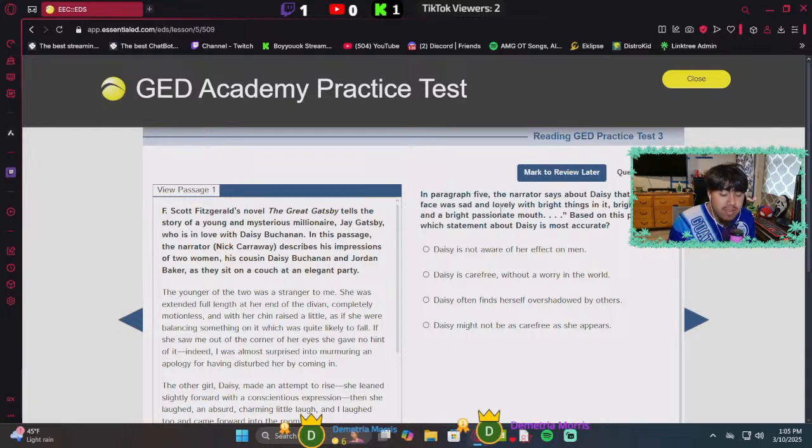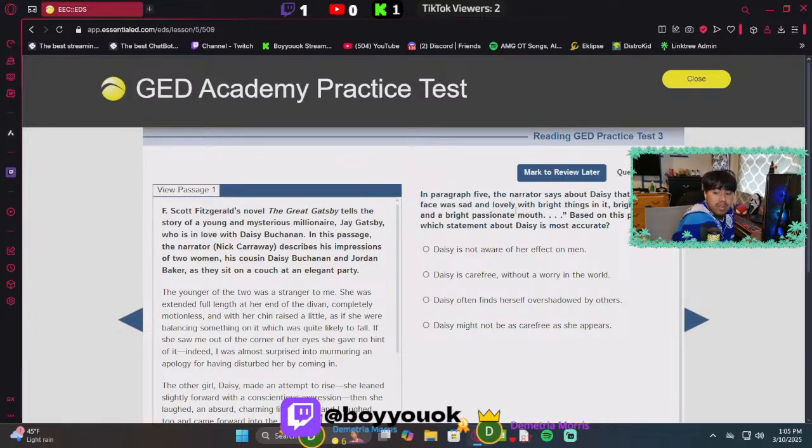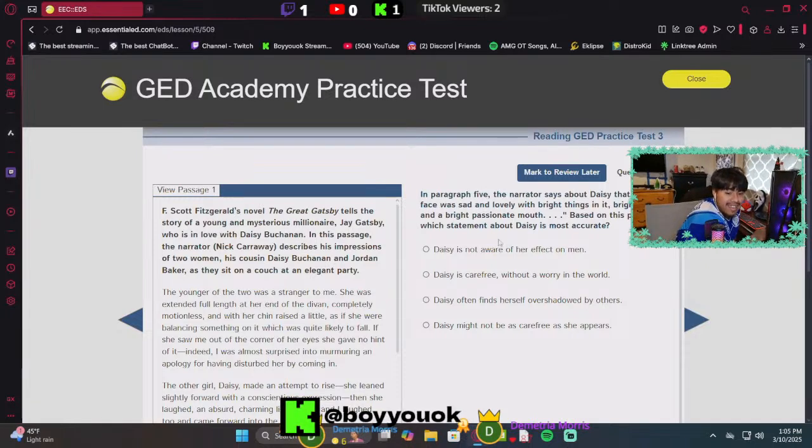Her face was sad and lovely, with bright eyes. Based on the passage, which statement about the character is not accurate? Go crazy.